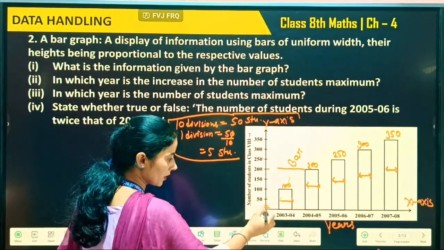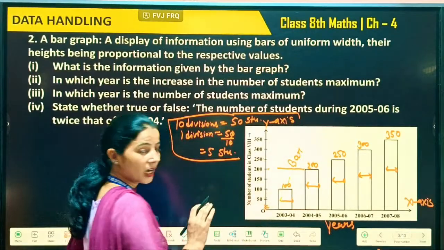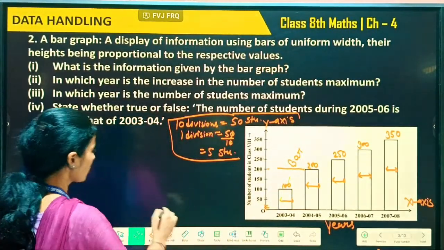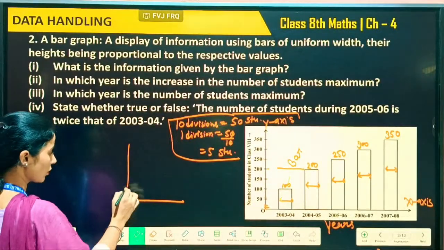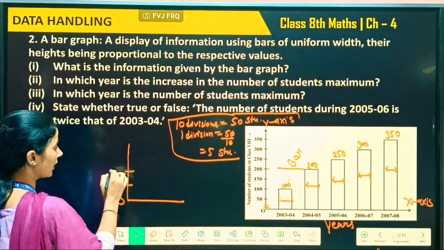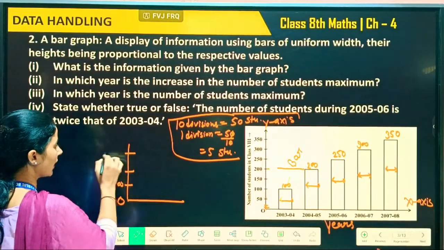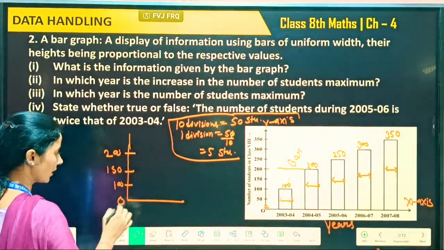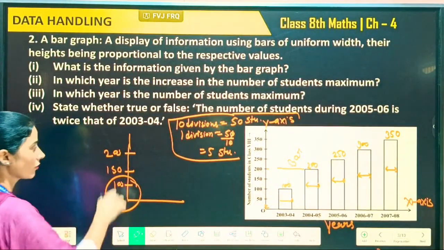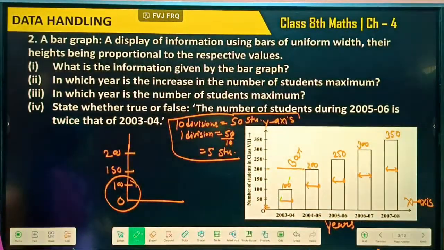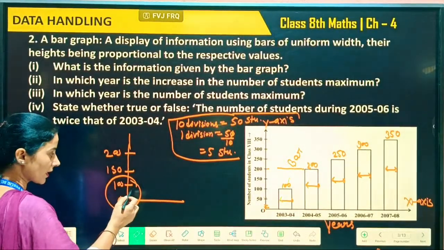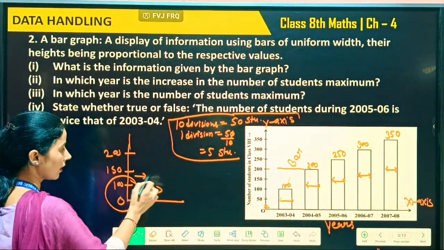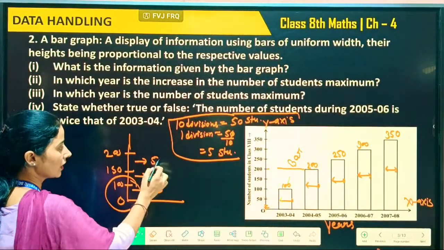Now see, if suppose information is 0 to 100 and then 150, then 200, in this way this interval will be wrong. This interval is not regular. 0 to 100, there is a gap of 100, and after that it is 50, 50.